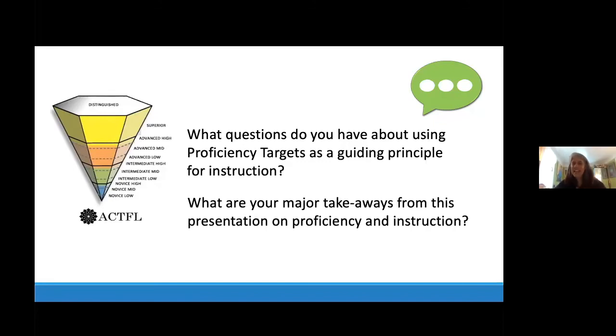Gladys is asking, she loves following the learning proficiency targets, but she says that she has students pulled out and then she has some new students come in during the trimester. Are there any strategies to help them move along that proficiency pathway? Yeah, that's a workshop in and of itself, the whole idea of differentiation.